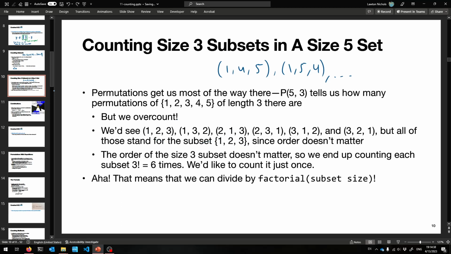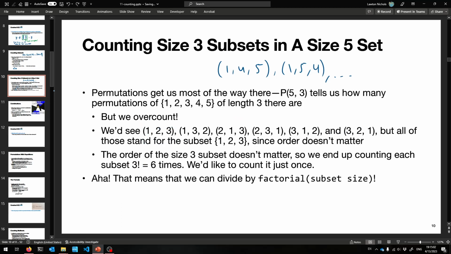So the order of our size 3 subset doesn't matter. 1, 2, 3 is a particular subset, 1, 4, 5 is a particular subset, but there's some duplicates of everything out of order when we compute the permutations. We end up counting each subset exactly the same number of times. This line of thinking applies to exactly how many ways there are to reorder each of these 3 elements.